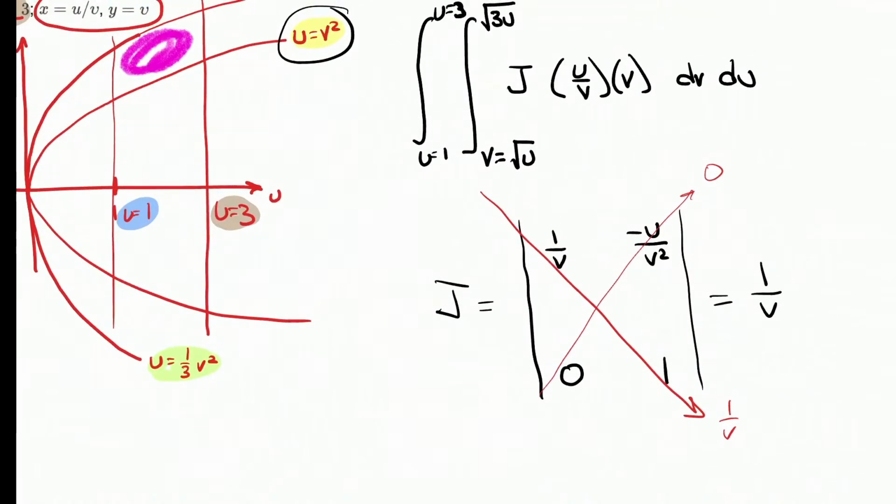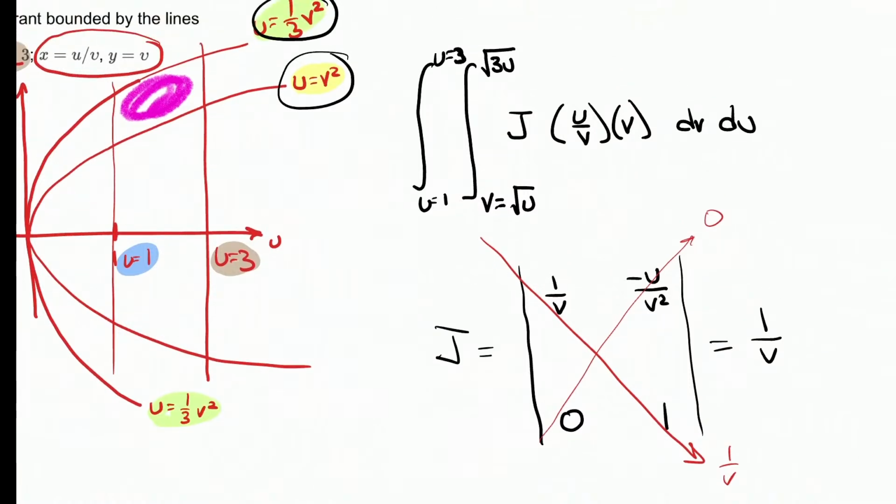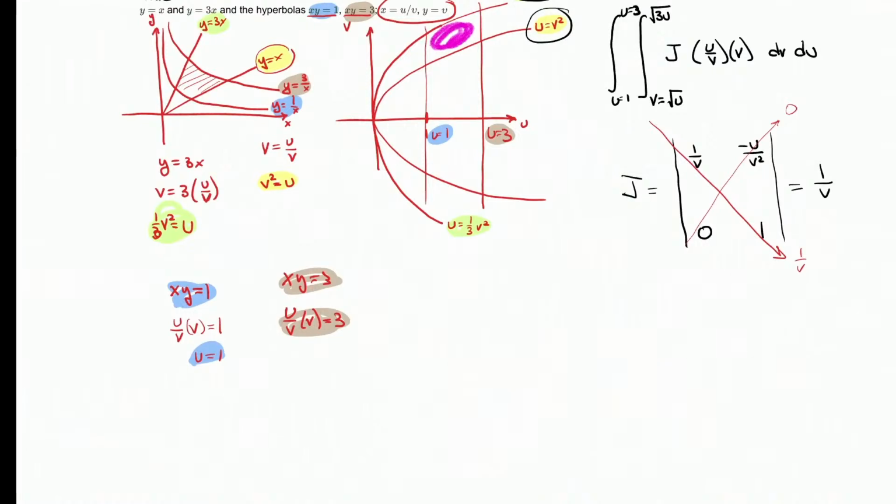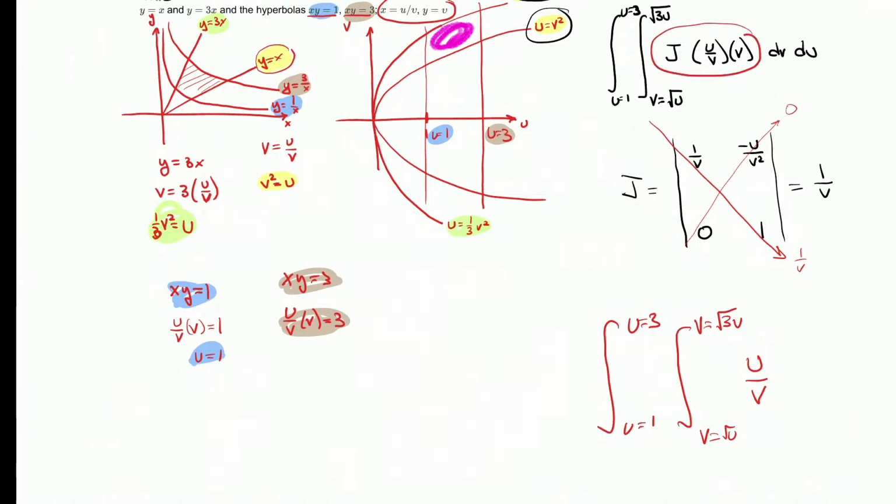So what do we get? Oh, well, that kind of makes it. Is this right? Sorry, now I'm doubting myself, because this does not look like it's going to work out nicely. We're stuck with it. We're going to do it. Okay, so the integral from u equals 1 to u equals 3 of the integral from v equals square root of u to v equals square root of 3u of u over v, because when I multiply all these three things together, it's just u over v, right?